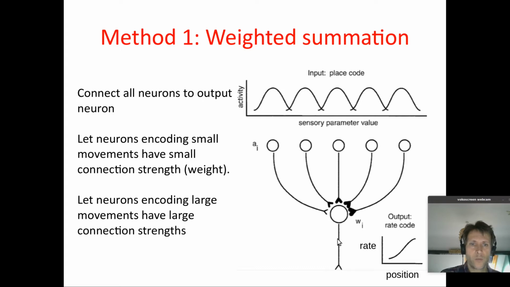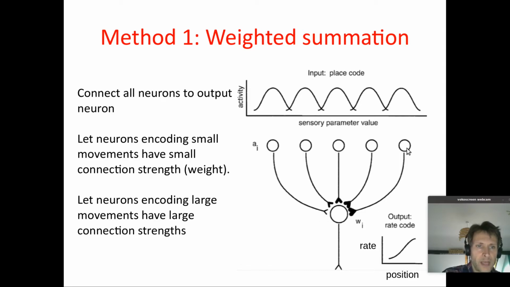Okay, so one way we might connect the neurons up is just to simply connect an axon, connect a wire from every single input neuron, and connect each one to the output neuron, but with varying weights.